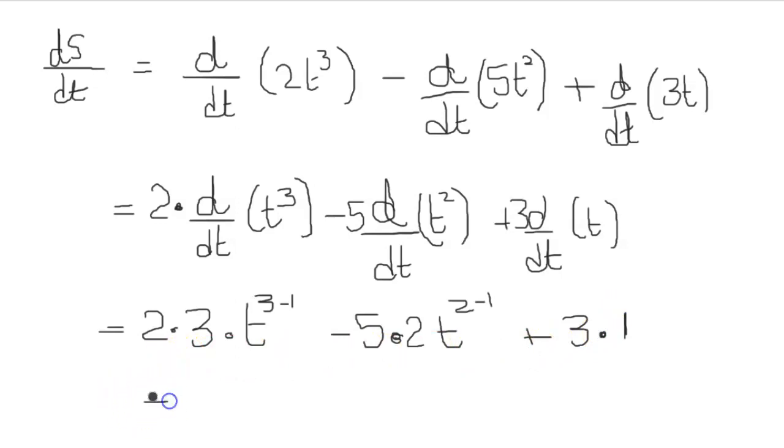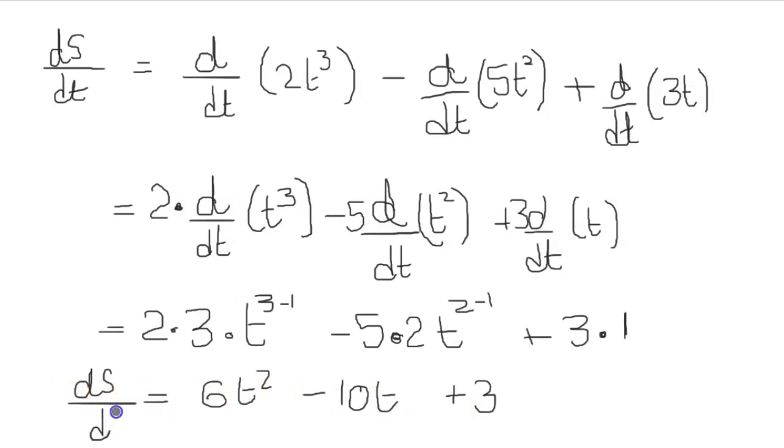Now if I simplify, that's 6t squared minus 10t plus 3, and that's actually ds over dt. This is your answer. Let me highlight that one. So that's your answer here.